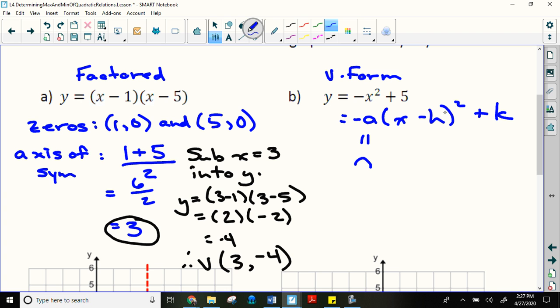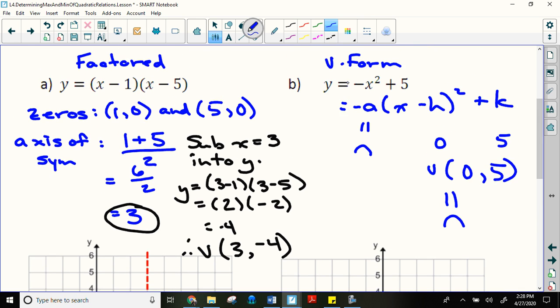It doesn't have anything inside the bracket with x, which means the vertex happens at x equals 0. And then it has a +5 at the end. So our vertex here happens at (0, 5), and it's a sad graph. That's what I get from that equation. You could say it's a vertical reflection through the x-axis and a vertical translation up 5 units.